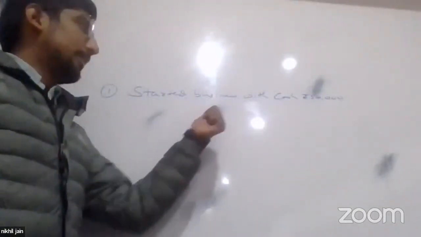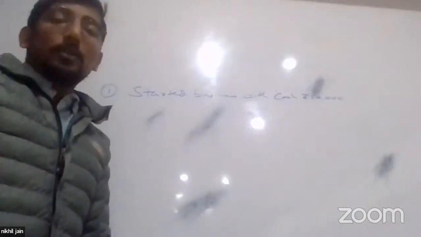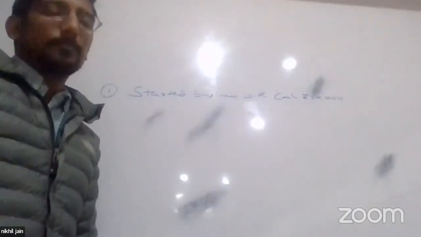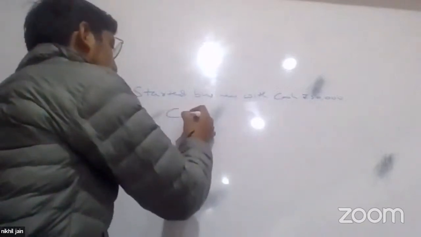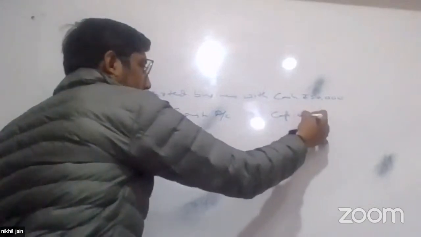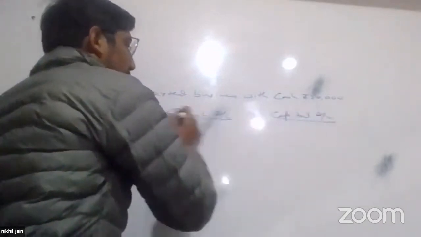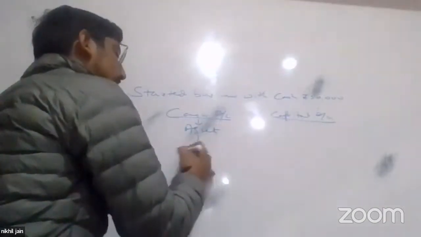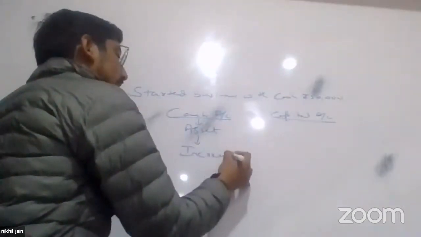When we are starting business, which two items will be recorded? One will be the cash account and the other will be the capital account. Cash is an asset for us and the asset is increasing.